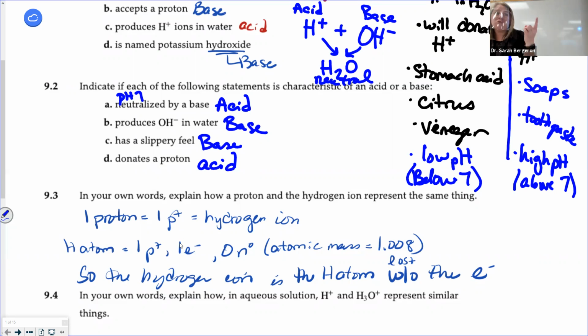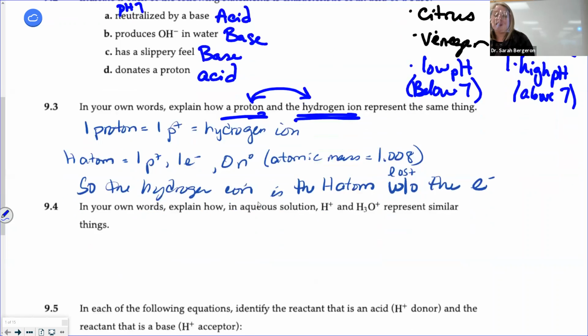No, because if you had a neutron and a proton, your atomic mass would be basically 2. But your atomic mass is 1. And to be hydrogen, you have to have one proton. So one proton has to be there. So if it's charged, that means it has lost its electron. And it is now just what? A proton. So you will see proton and hydrogen ion used interchangeably in the text. And you have to understand that that's okay to do.